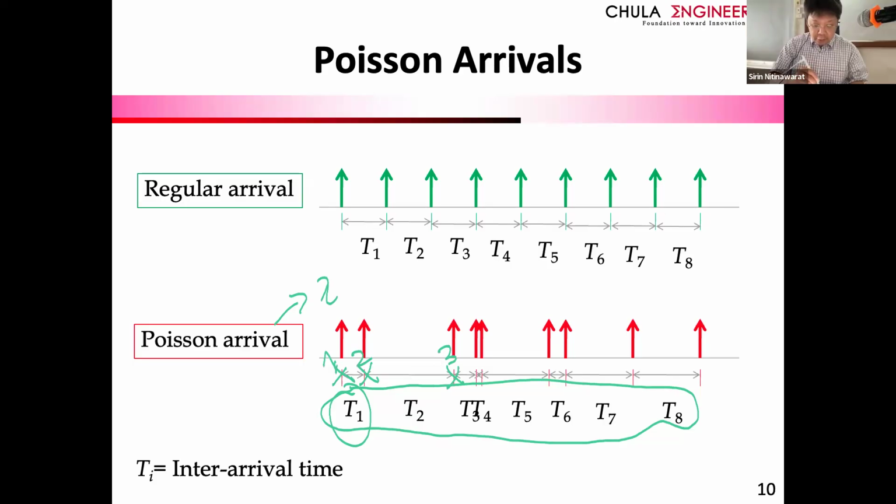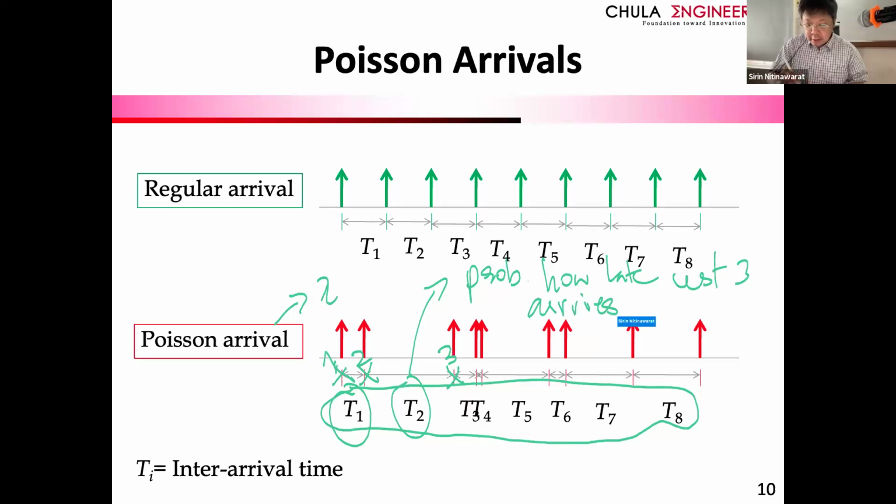T2 is about, probabilistically, how late customer 3 arrived in relation to customer 2, right? That's all I care about, right? If I know that probabilistically, I can use it to derive T2, right? And then what about T1? For T1, I just replace 3 with 2 and 2 with 1, right?